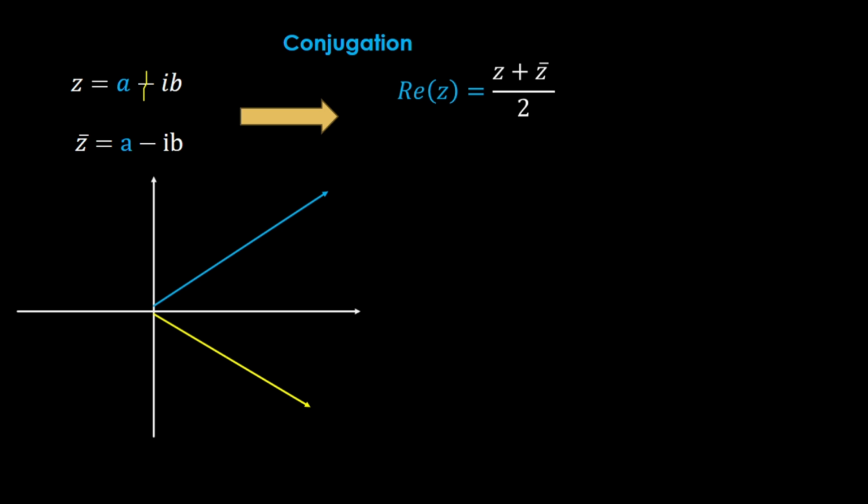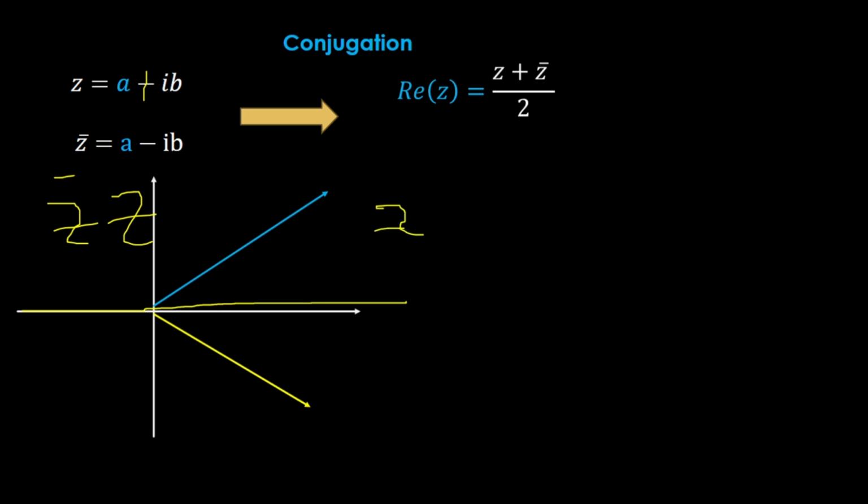If you have to find z and z bar, and you have the real and imaginary parts, you know that this lies exactly at the middle point, and you're going to have the formula for the real part.